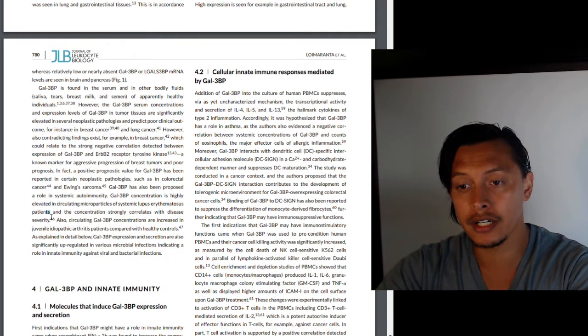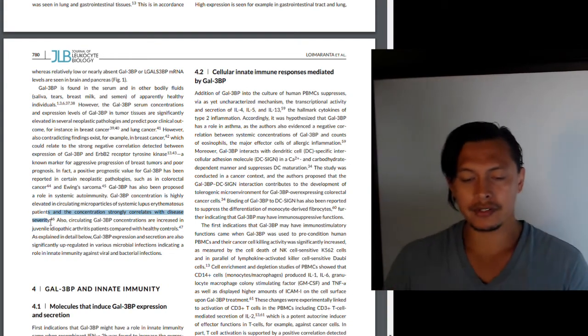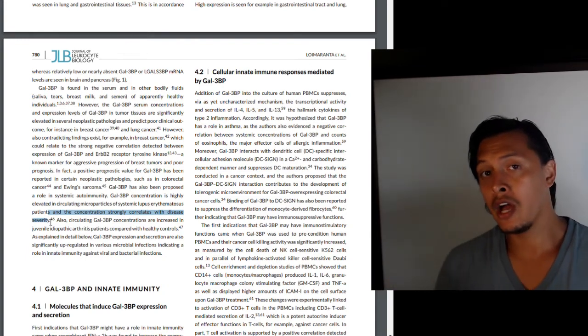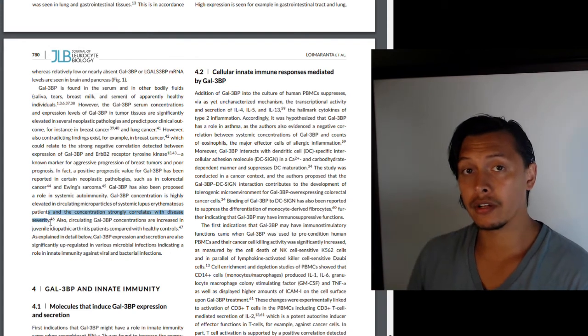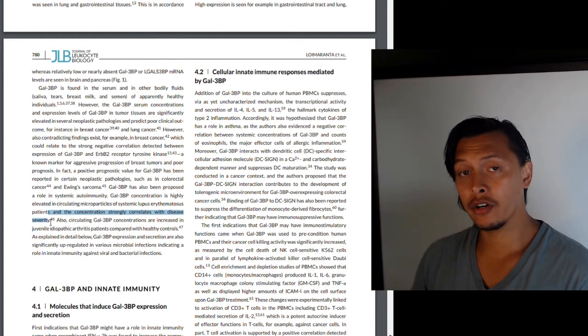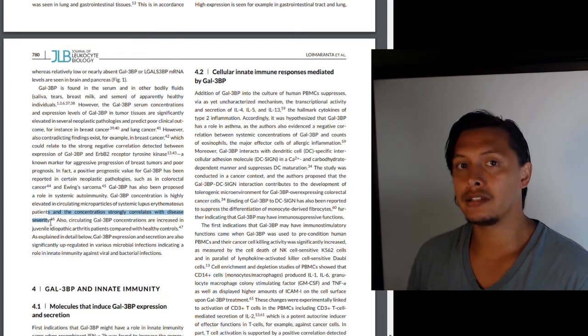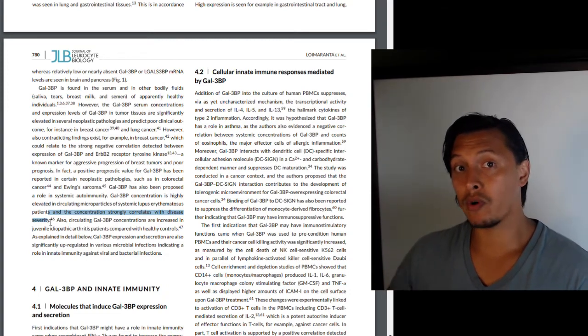Now, this is where I also need to mention that this means they're correlated. So, for instance, if Galectin-3 binding protein is providing a protective role on the body, it could very well be that people with cancer have high levels of this because the body is trying to protect itself. It doesn't necessarily mean that Galectin-3 binding protein is causing the cancer, or at least being dysregulated in it.